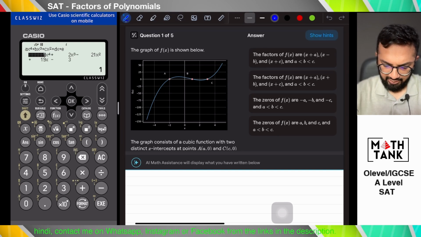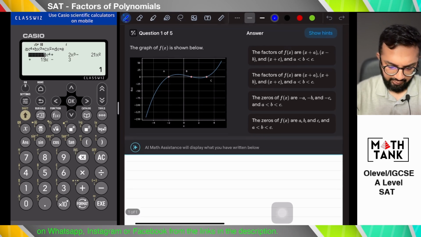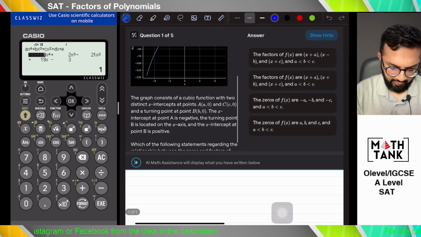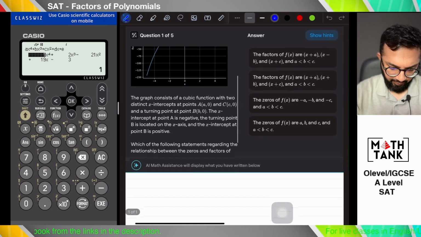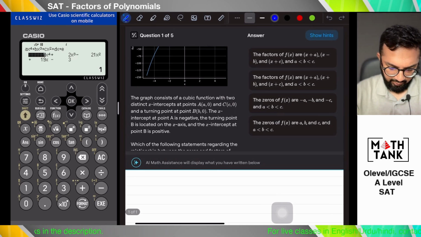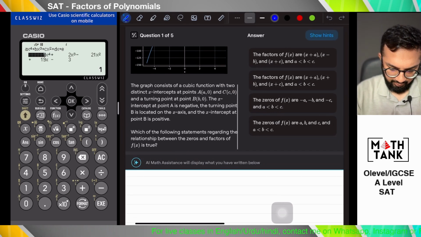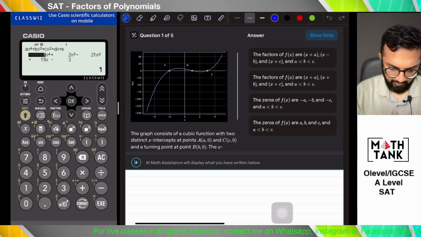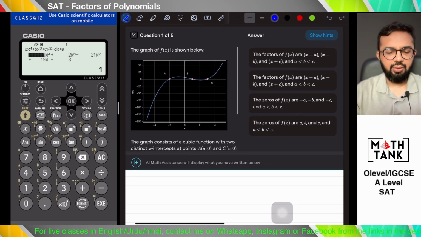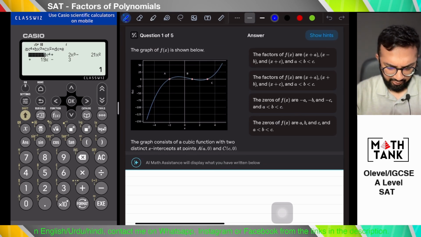So A is less than B is less than C other. But I'm not sure that is the turning point. I don't know why it's calling that the turning point when it's the x-intercept.